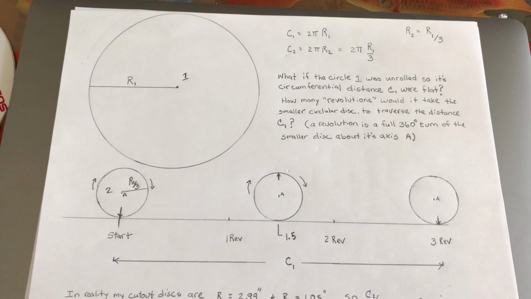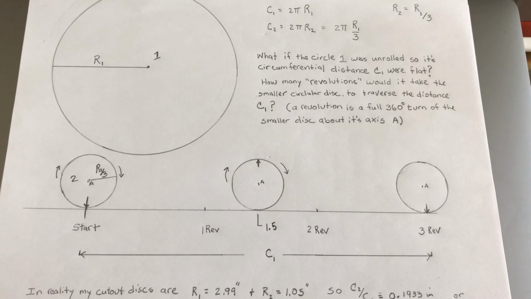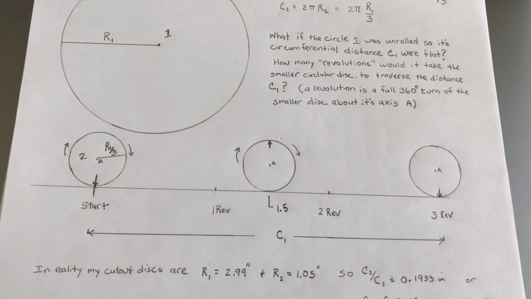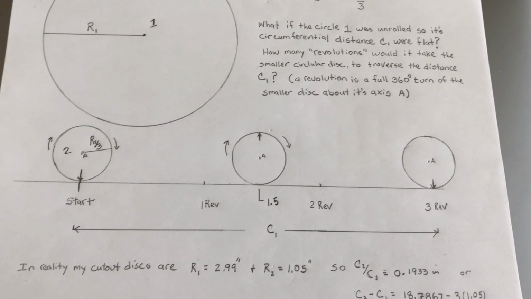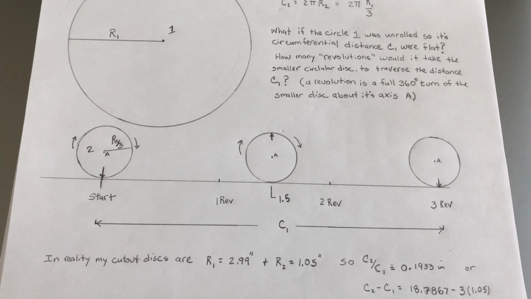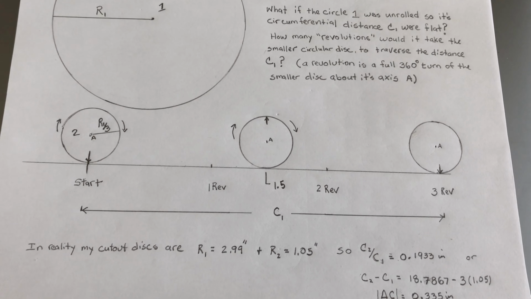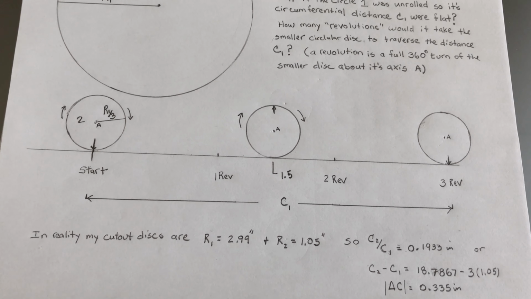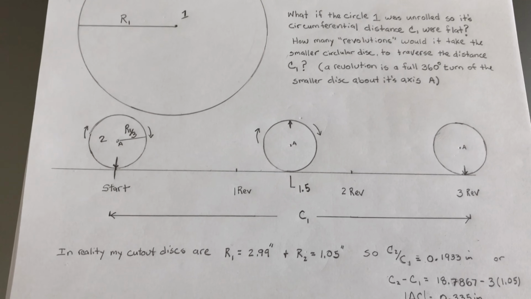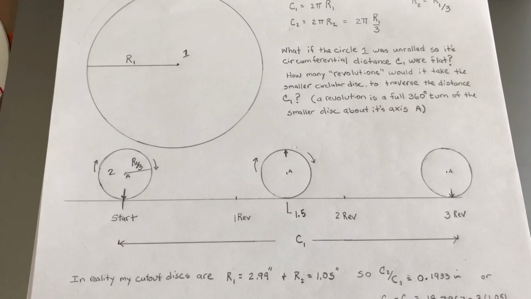And for me, when someone speaks of a revolution, how many revolutions does the small disk undergo as it traverses its way around the bigger circle? My answer would be 3. And in fact, when the test was given on the SAT, the correct answer was indeed 3. So 4 was not an option in the multiple choice answers for that particular test.